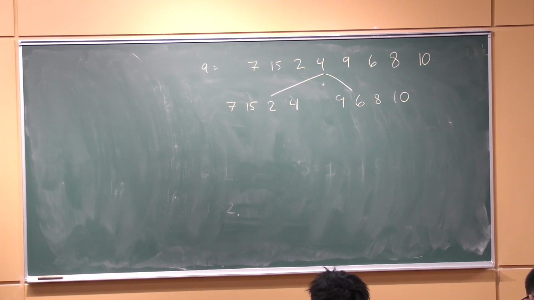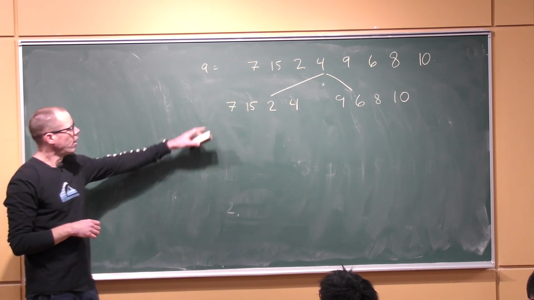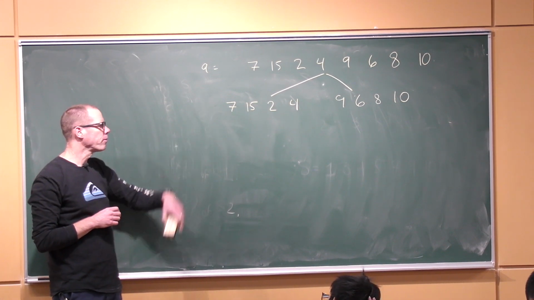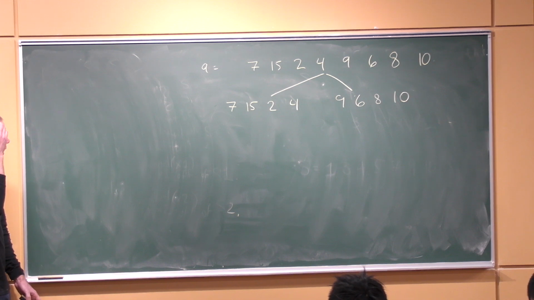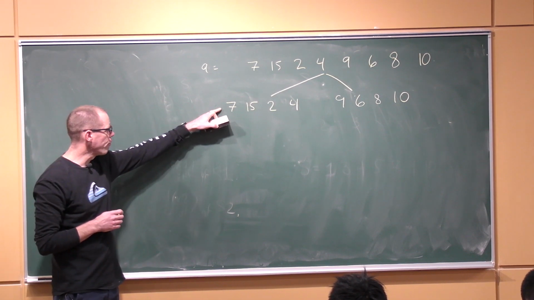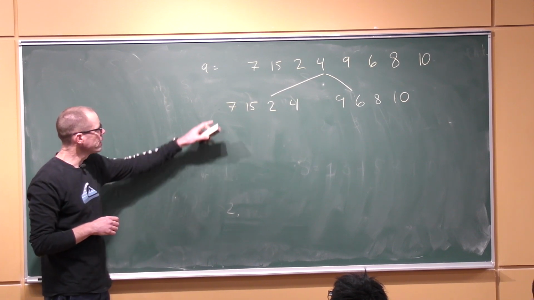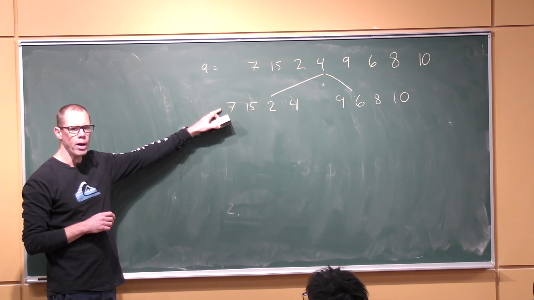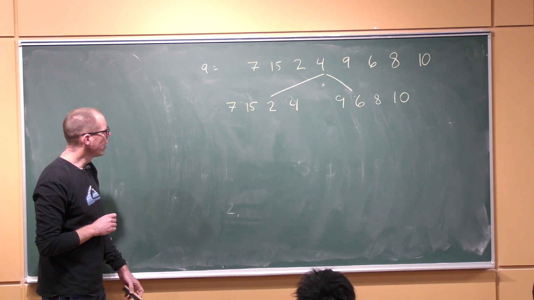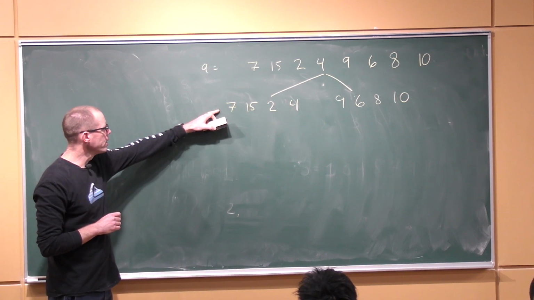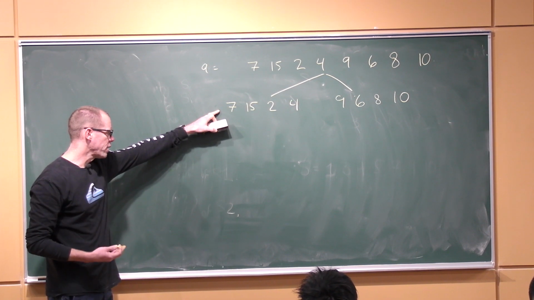And what happens next? Well, it's going to call itself recursively on the first half. When it does, the first thing it checks is if the list is either empty or of size 1. And if it is, it's done, but in this case it's not.